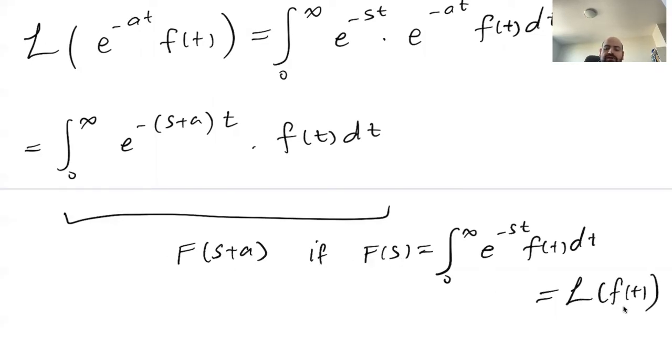If you set the Laplace transform of f of t, which is defined this way, as capital F of s, which is what we did before, then capital F of s plus a will be this expression with only one difference, where s has to be replaced with s plus a. And this is exactly what is happening here. S is replaced with s plus a. But other than that, this is the Laplace transform of f of t.